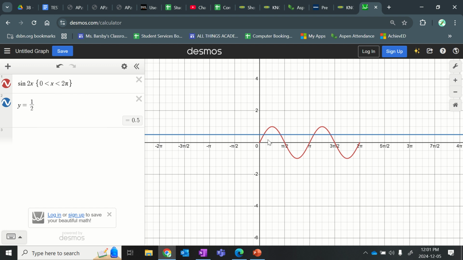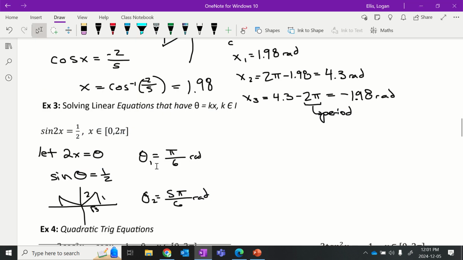And so obviously when we look at the answers here, pi over 12, 5 pi over 12, those are not the first two answers we see. We see pi over 6 and 5 pi over 6. But remember, we initially let 2x equal theta. So now switch back over and say that 2x1 equals pi over 6, and 2x2 equals 5 pi over 6.